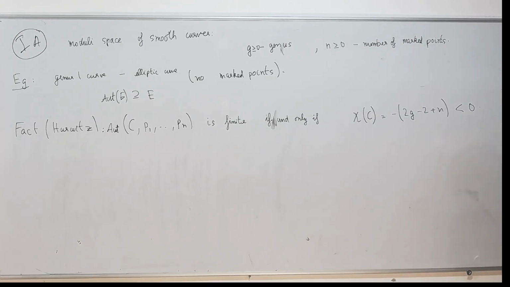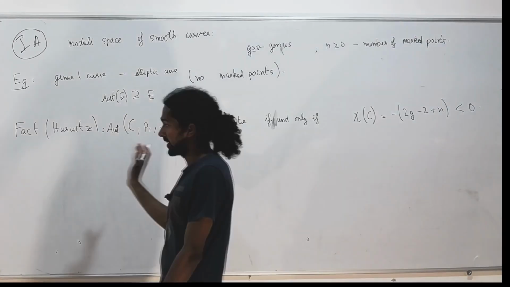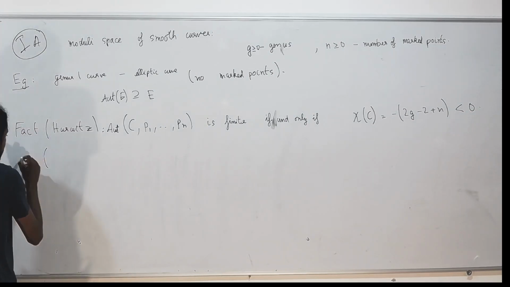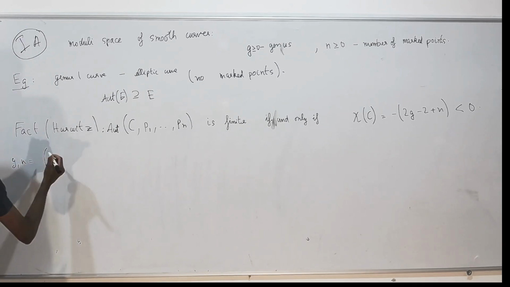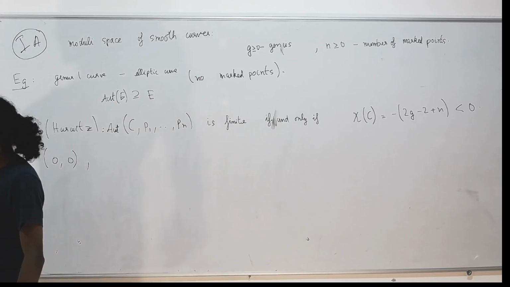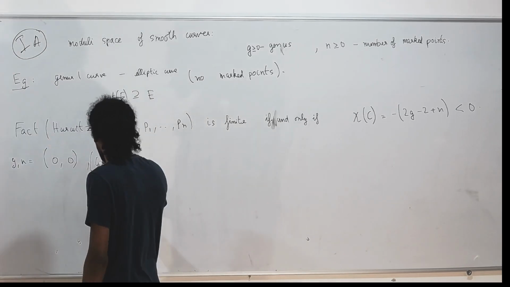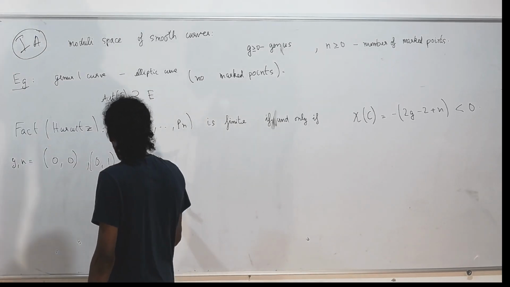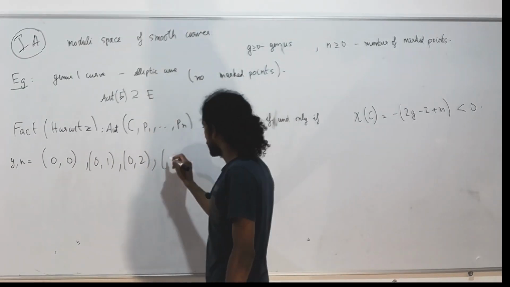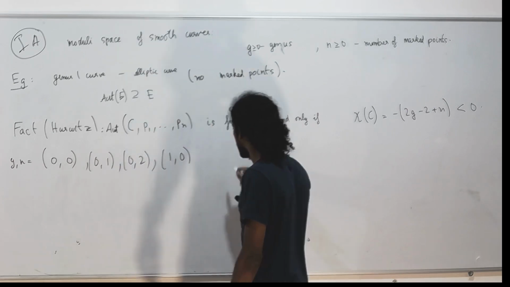This is just a way to say that there are only finitely many curves that are going to give us problems, and these are the following. (g,n) equal to (0,0), then we said we actually have to fix 3 things, so (0,1), (0,2) are bad, and in this case just (1,0). These are bad.